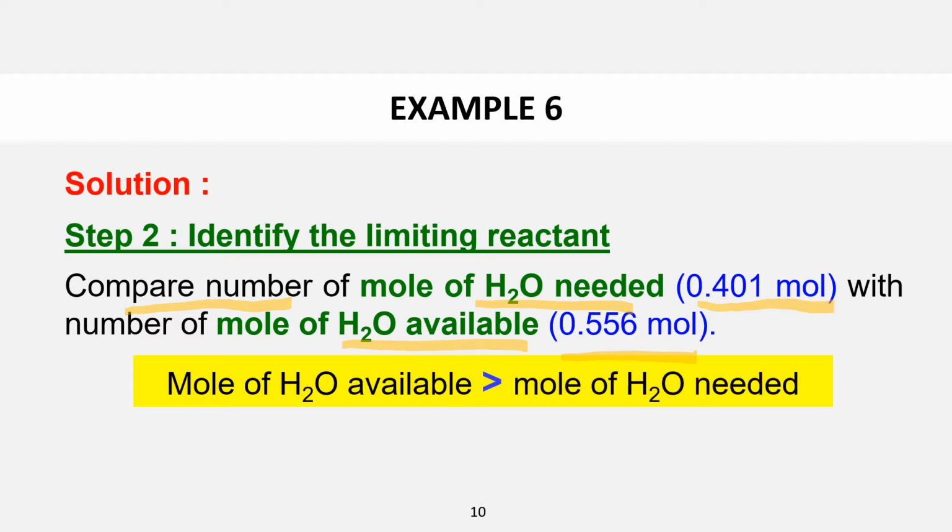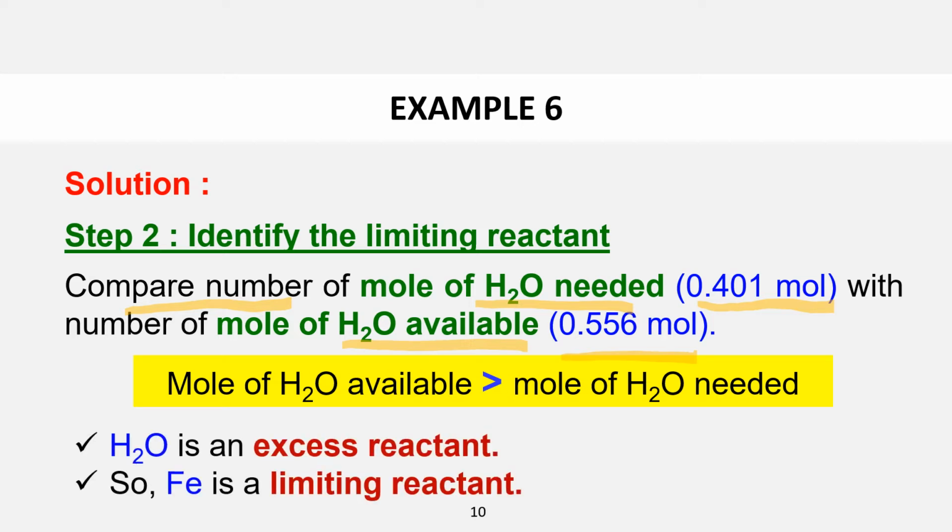Therefore, the mole of H2O available is greater than the mole of H2O needed. Thus, H2O is called the excess reactant. Otherwise, ferrum is the limiting reactant.